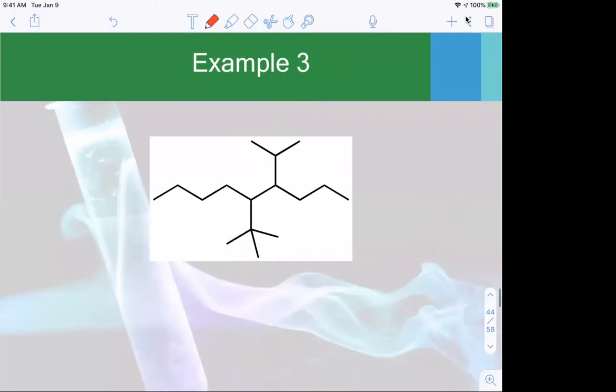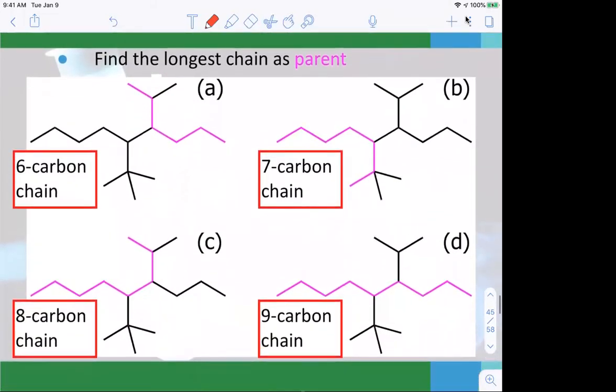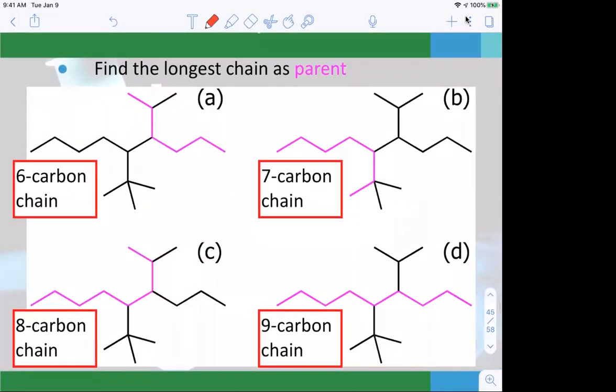One more example. Let's look at this guy. All right, sometimes you got to count and figure out what is the longest chain, and you have to count from multiple directions. Well, I have 4 different ways I can count. Maybe more, but this is what I'm putting down. My longest carbon chain is going to be this one, which happens to have 9 carbons.